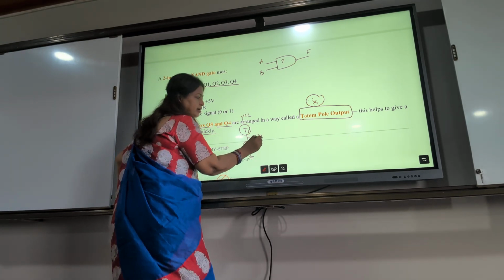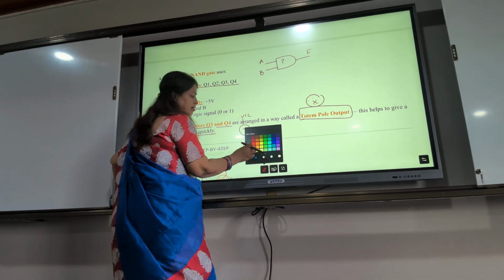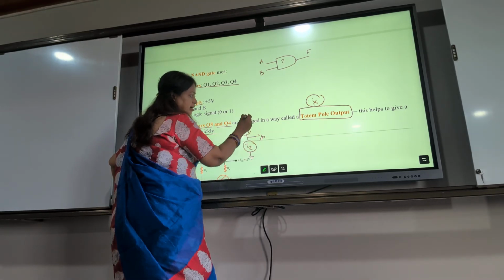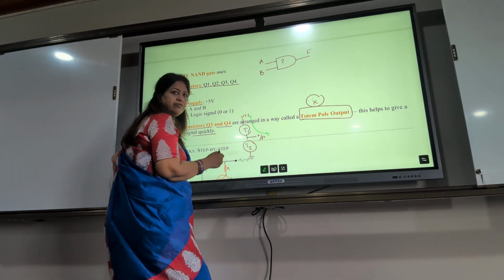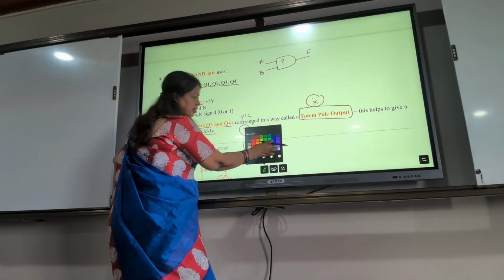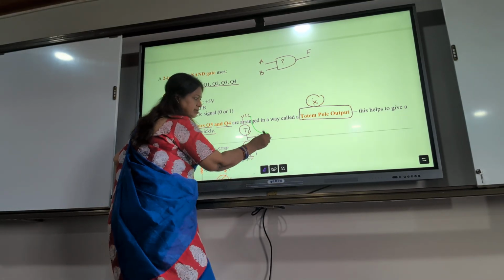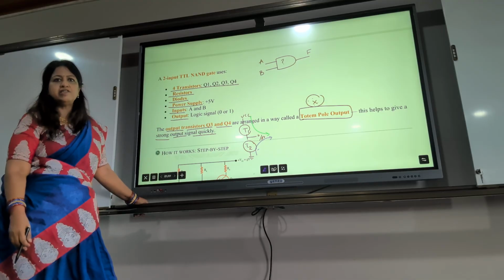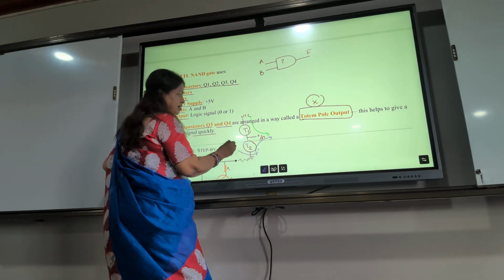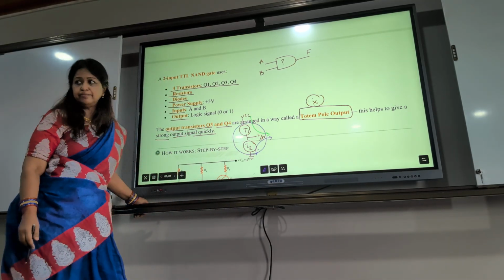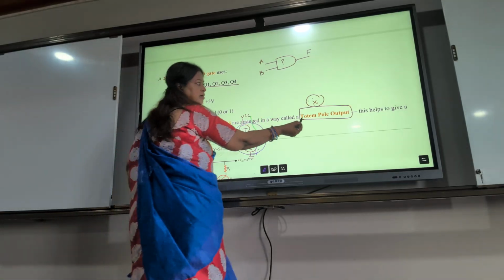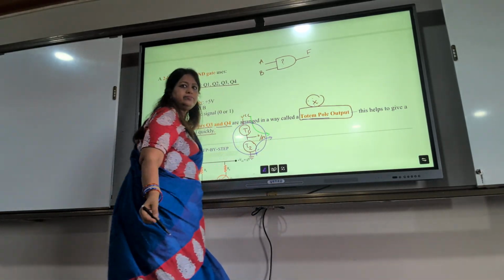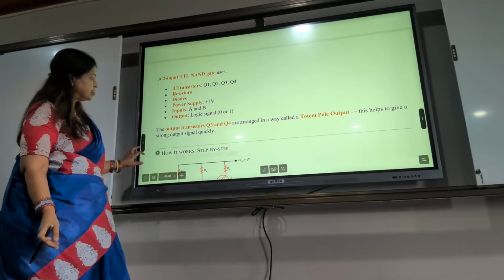It will connect either VCC to the output or ground to the output in a faster manner. That is why this arrangement is called a totem pole. That is how it is constructed.